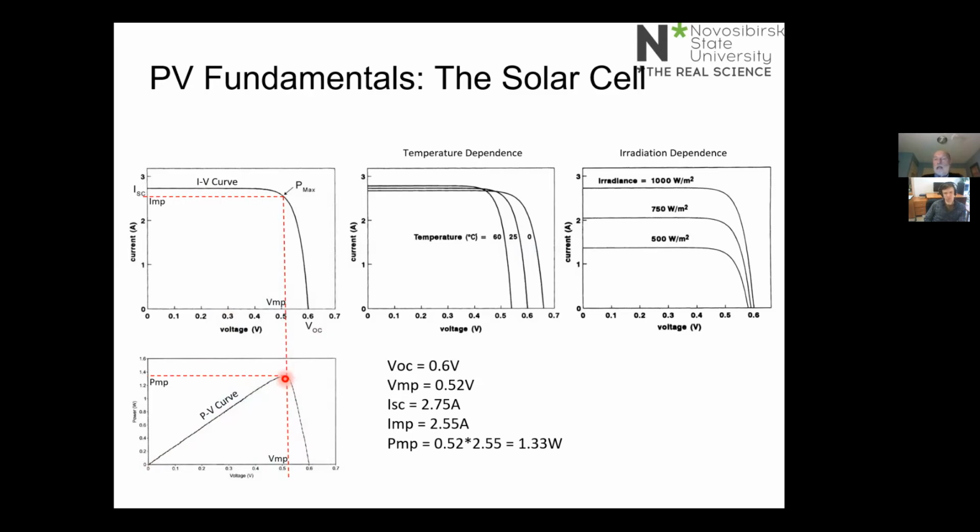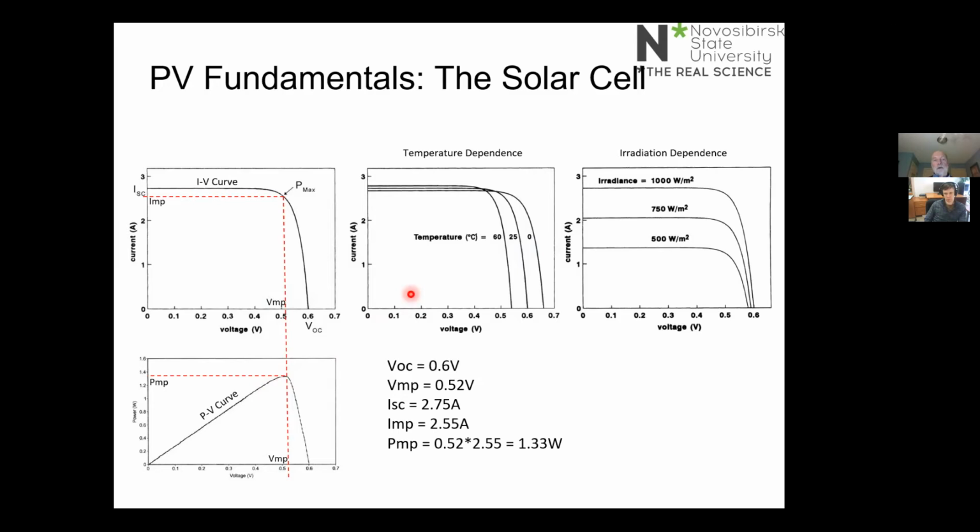This is a little bit like what happens with wind turbines when you have the power coefficient versus tip speed ratio reaching a maximum at the maximum power point. It's a very similar situation for PV, except that the maximum power point is usually a sharper peak for photovoltaics than it is for wind turbines.